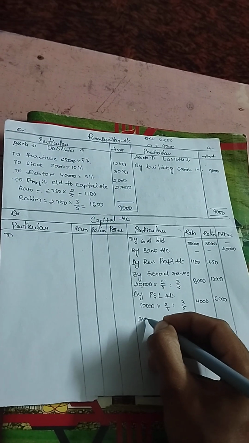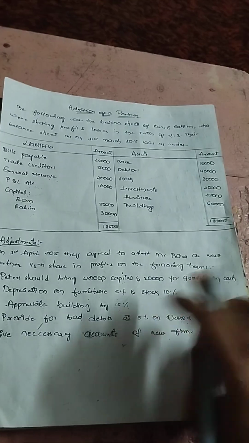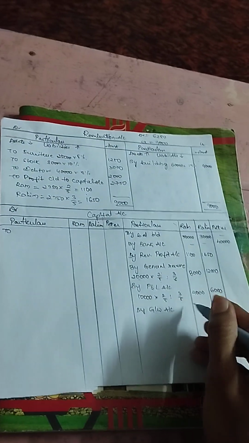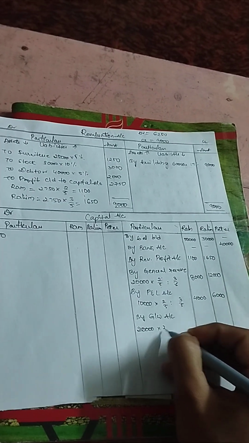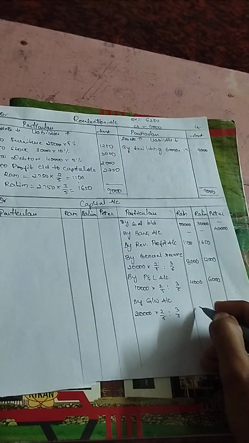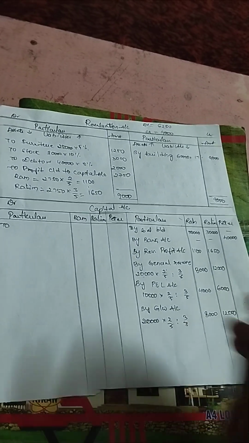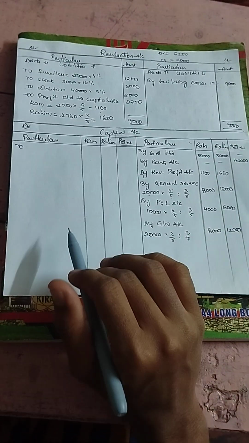Next is by goodwill account, which is 20,000 in cash. By goodwill account 20,000 into 2/5 and 3/5. If we calculate you will get 8,000 and 12,000. In debit side we don't have any transaction.